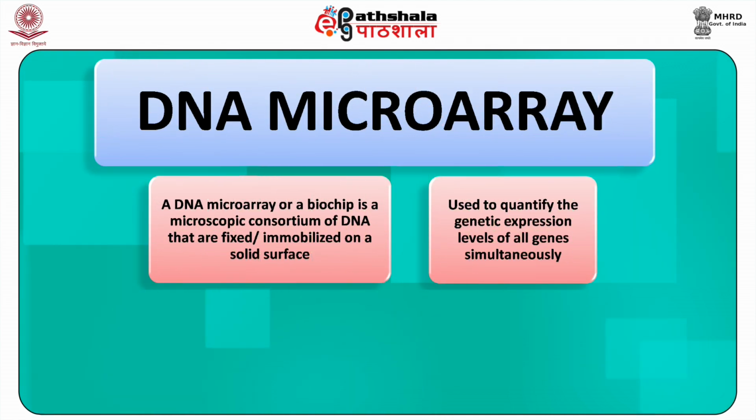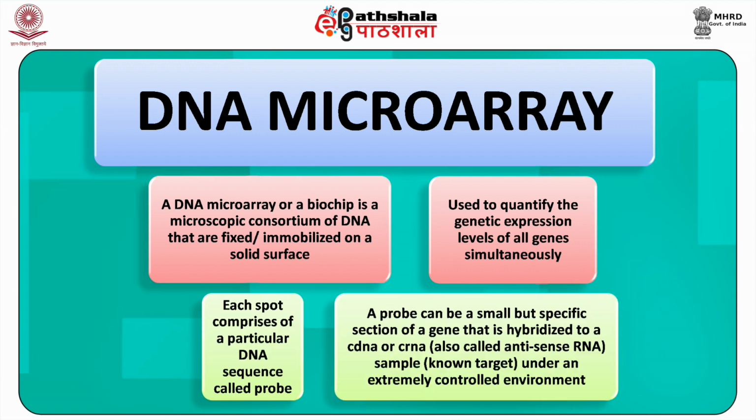A DNA microarray or a biochip is a microscopic collection of DNA that is fixed or immobilized on a solid surface, which is used to quantify the genetic expression levels of all genes simultaneously. Each spot comprises a particular DNA sequence called a probe in picomolar concentration.